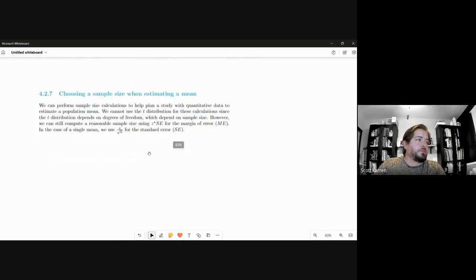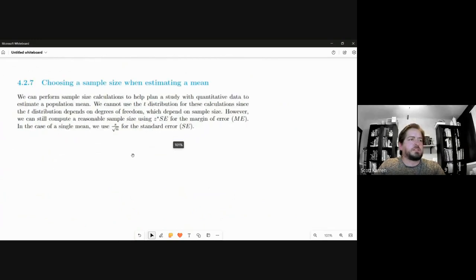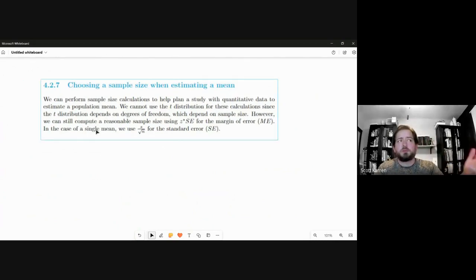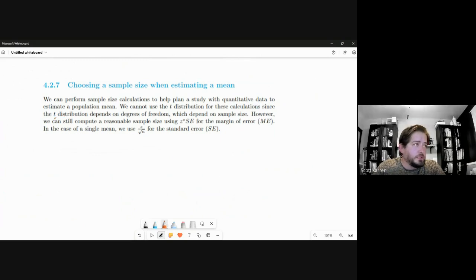All right, and here that's just reiterating what I just said. We can perform sample size calculations to help plan a study. We can't use the t-distribution since the t-distribution depends on degrees of freedom, which depends on sample size, right? So we can still use that z star SE for the margin of error, which is often abbreviated ME.